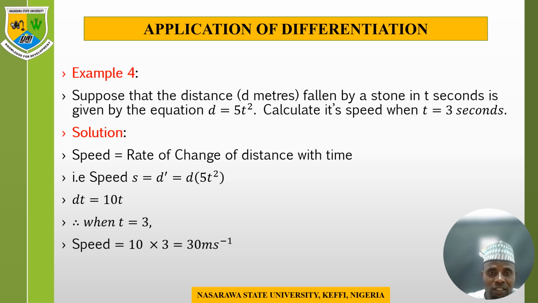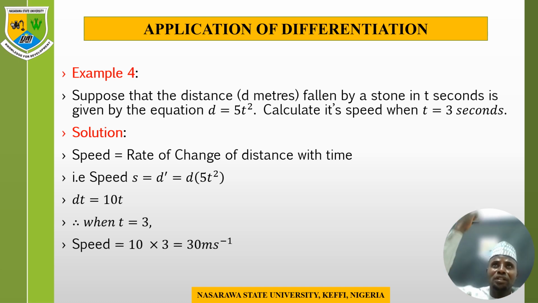so at this point now you look onto that and solve. So let's take for instance, suppose that the distance d meter followed by a stone in time t second is given by this equation.